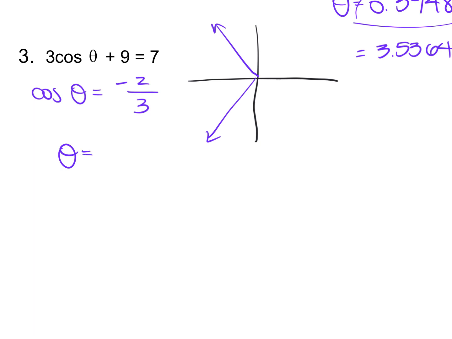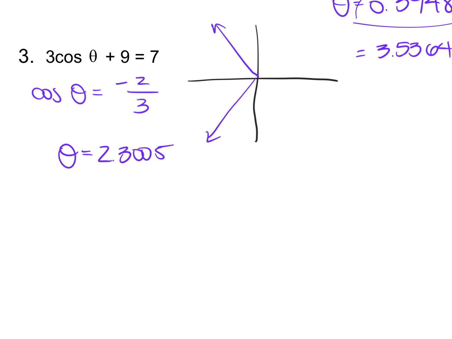All right, next step is type in what? Inverse cosine. Now here is where sometimes we have some weird stuff going on. If I type in inverse cosine of negative 2 over 3, what do I get as the first answer? 2.3005. All right.